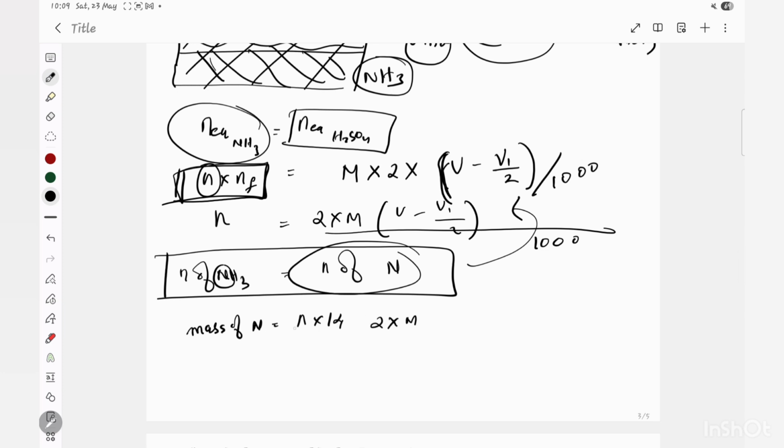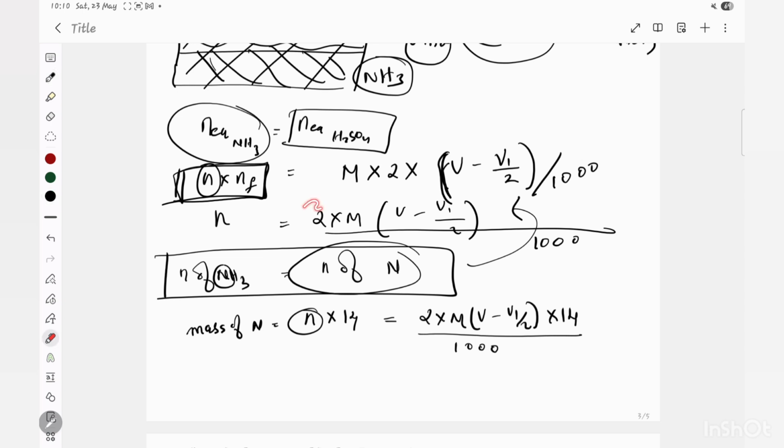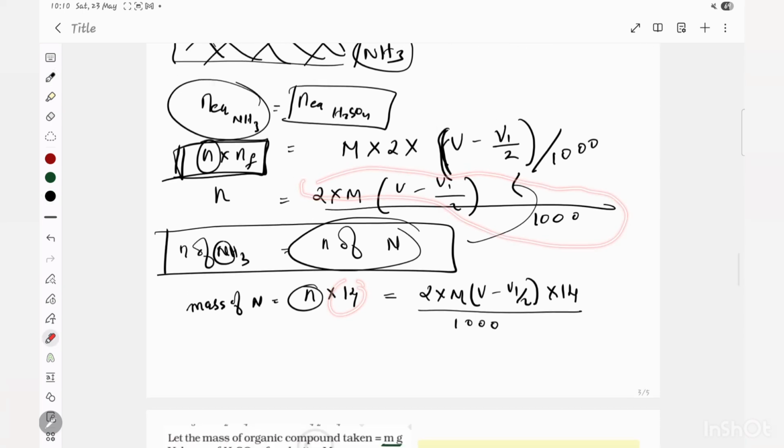So mass of nitrogen is n into 14, which is equal to number of moles into molar mass, right? And what is n? 2 into M into V minus V1 by 2, into 14 divided by 1000.